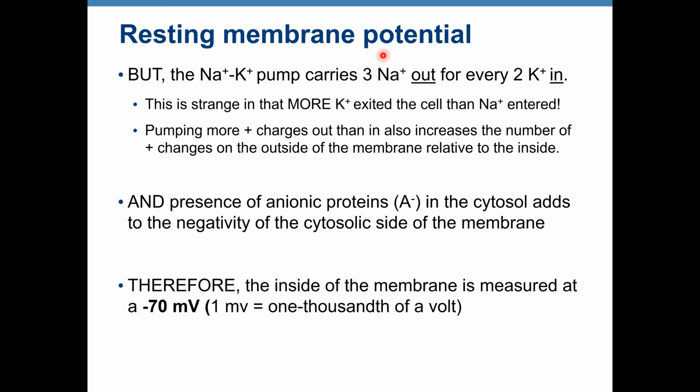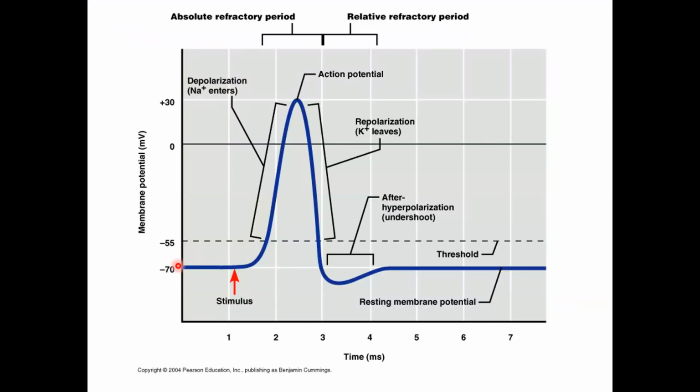So there are more positive charges outside and less positive charges inside, right? And of course, negatively charged proteins stay inside the cytoplasm and make the membrane negatively charged. Therefore, the inside of the membrane is measured as minus 70 millivolts. And this is called resting membrane potential, right? So that's where we finally, hopefully, explain why the cell is negative inside and positive outside, and it's measured minus 70 millivolts.